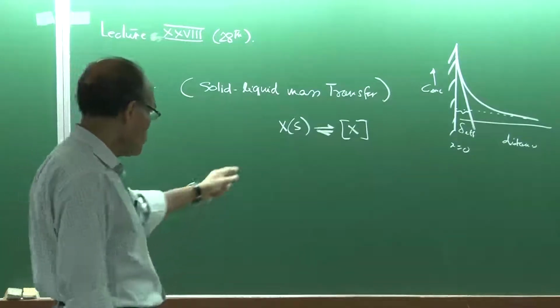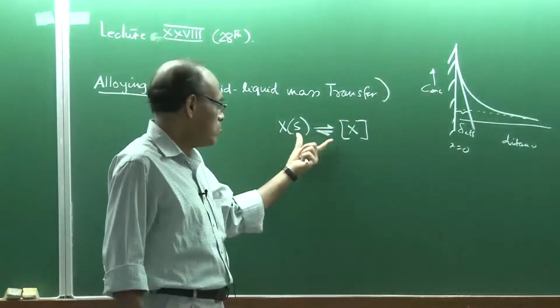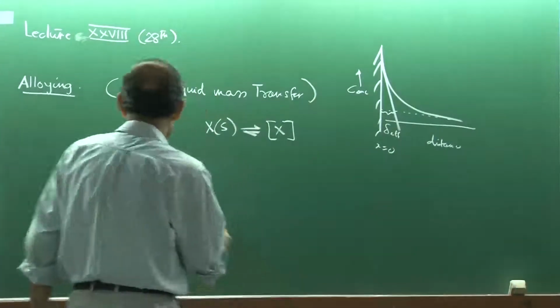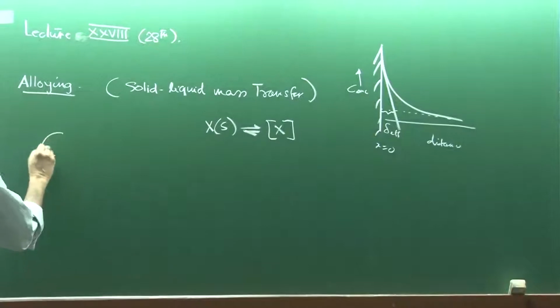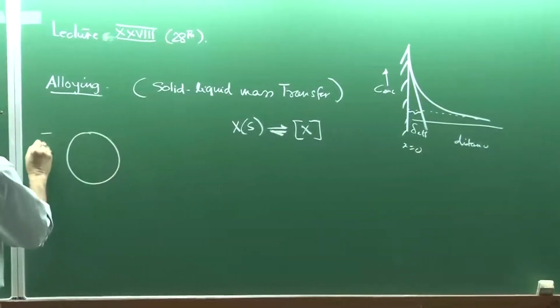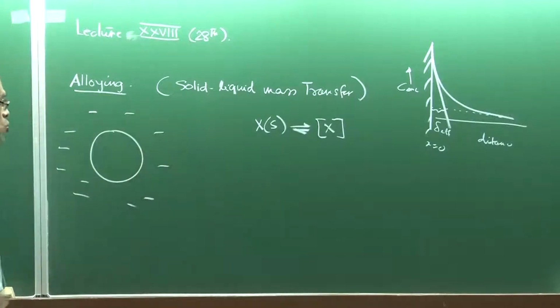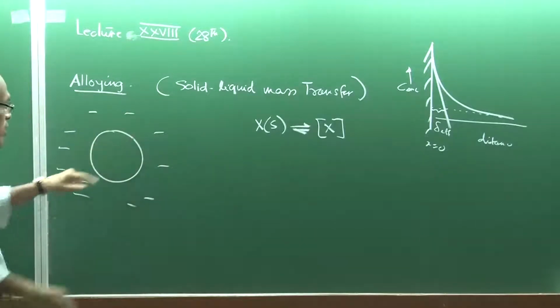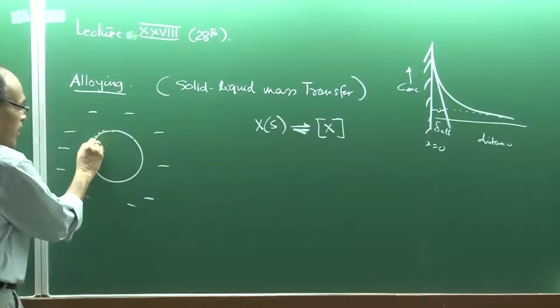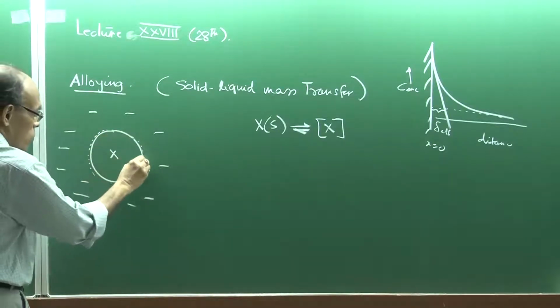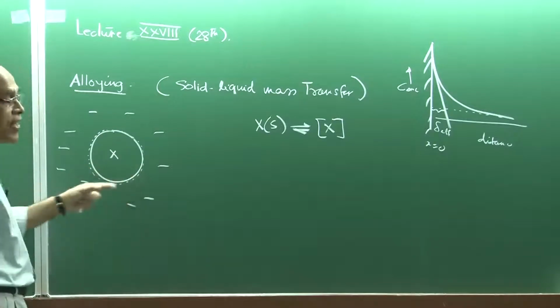So, if you have a solid, this is the chemical reaction that will take place at the surface. For example, if you have added a spherical solid into a liquid, at the surface, which is the interface, we have the chemical reaction taking place, with X as the species.